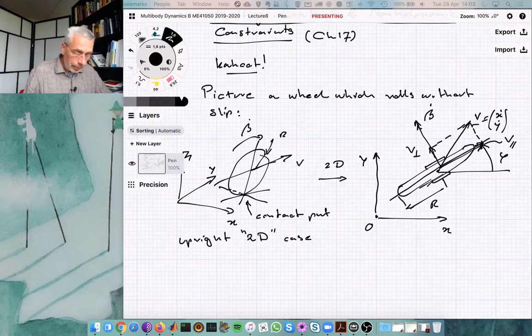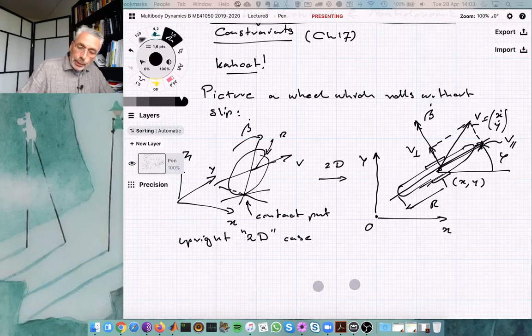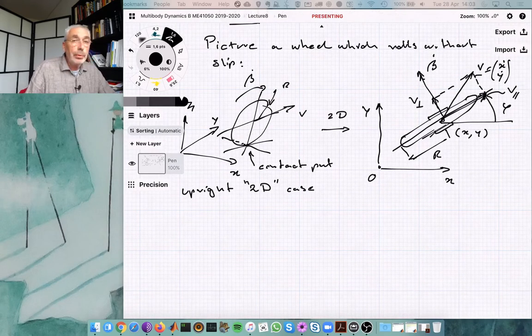lateral velocity. Of course, the position of the wheel itself is x and y, like with the rigid bodies we do in 2D dynamics, and as I said before, the orientation of our body is this angle phi. Now, from this picture, we can immediately see what the condition is for pure rolling.